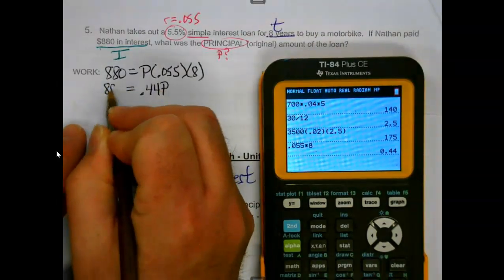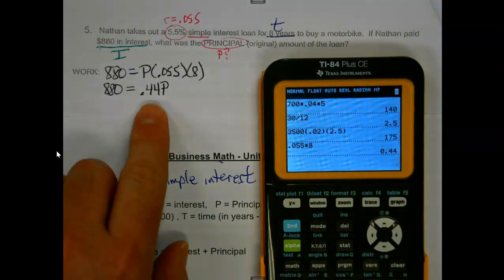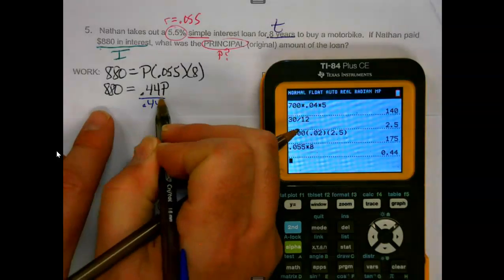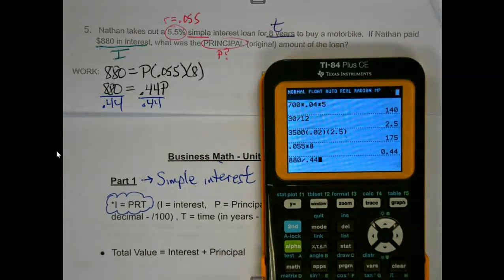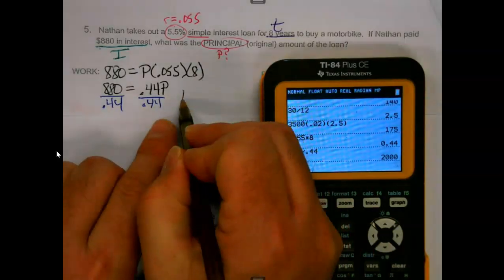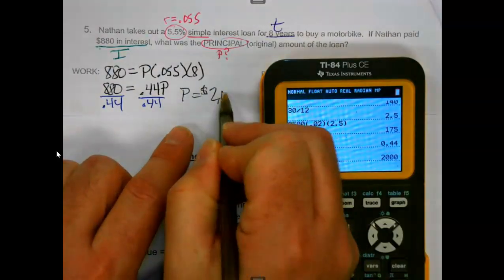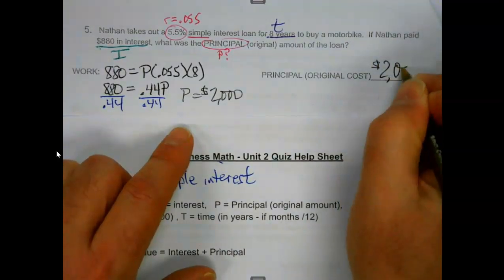We got some basic algebra 1 we got to play here. So if I've got that 0.44 times my P, and we're good algebra 1 students, we've got that our principal, or the amount of money that we started with, is going to be $2,000.